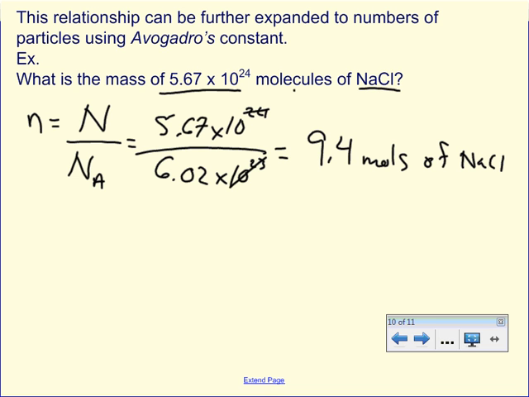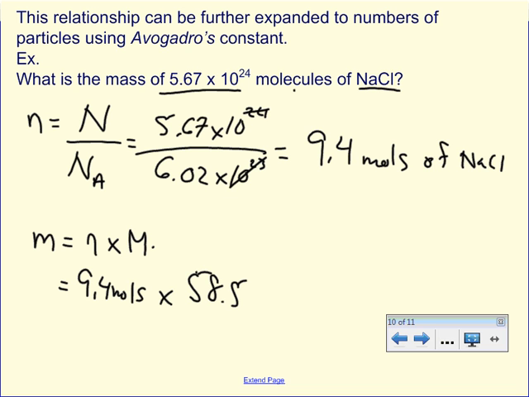Now I want to know how much that weighs. What's the mass of that? So I use my other triangle. The mass is going to be equal to number of moles times molar mass: 9.4 moles times 58.5 grams per mole. I figured that out in a question before.